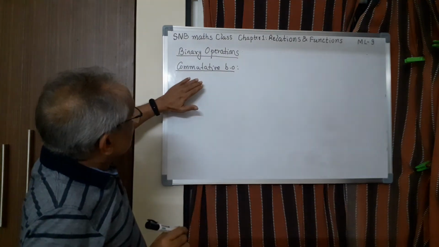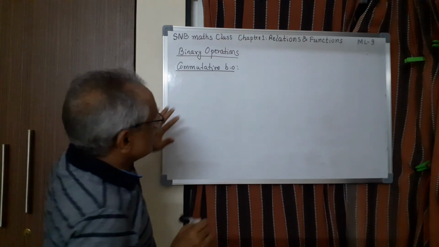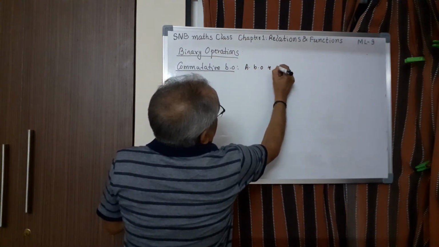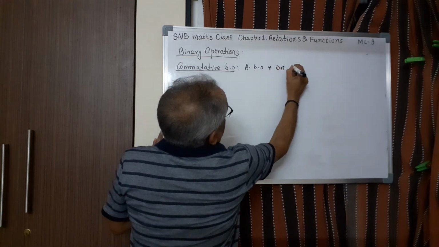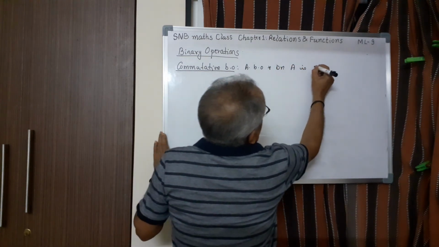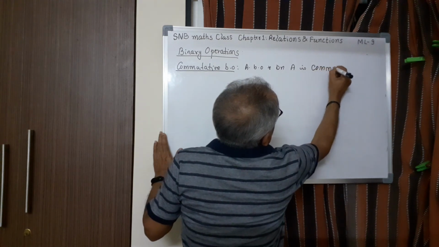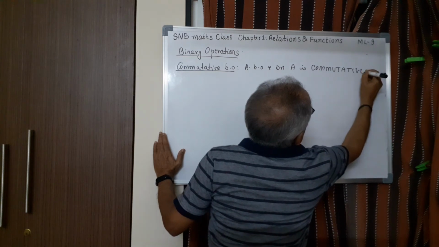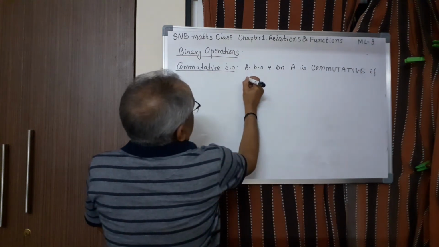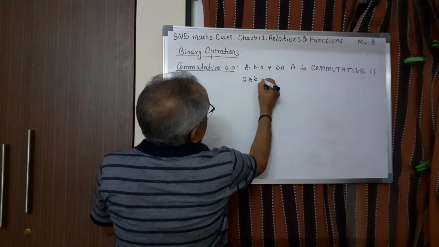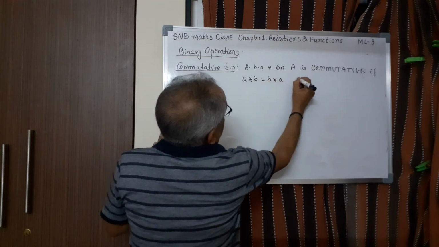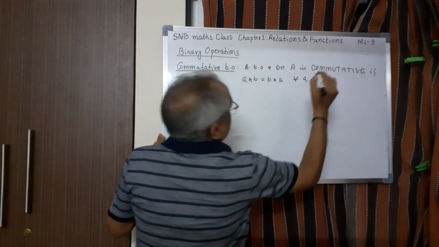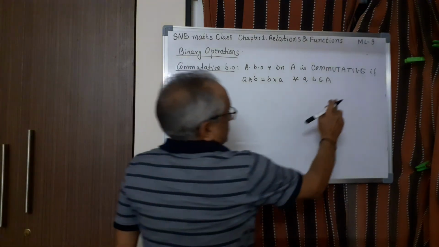A binary operation star on a set A is commutative if A star B equal to B star A for every A, B belonging to A. So this is the definition of commutative.